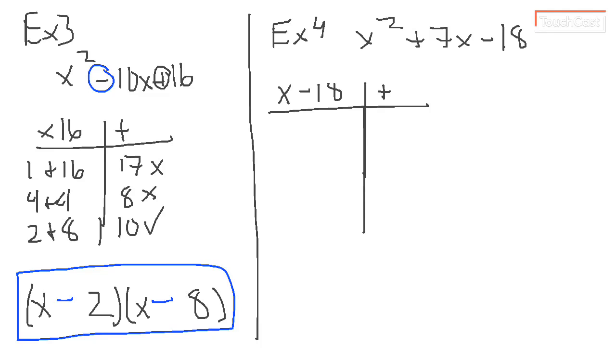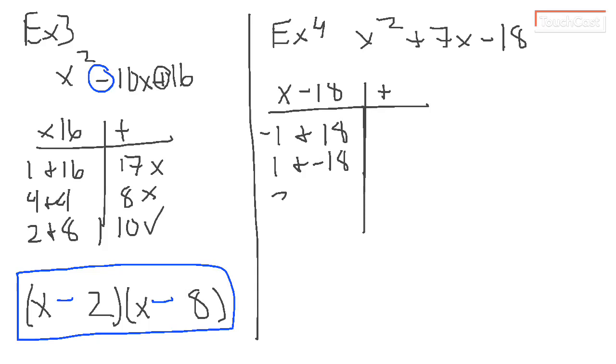So for multiplying to make a negative, remember we need a positive number and a negative number. So I know 1 and 18 multiply to make a positive 18, but a negative 18 might need one of them to be negative. So I am going to write negative 1 and 18 and 1 and negative 18.